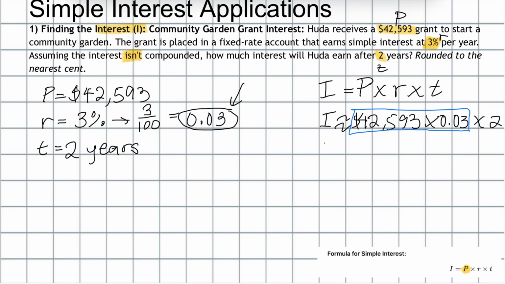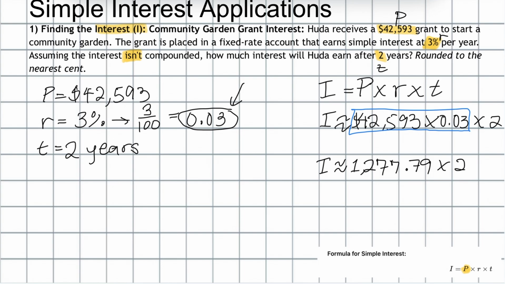And when we multiply that amount, the interest is approximately $1,277.79. And then now we multiply by 2.